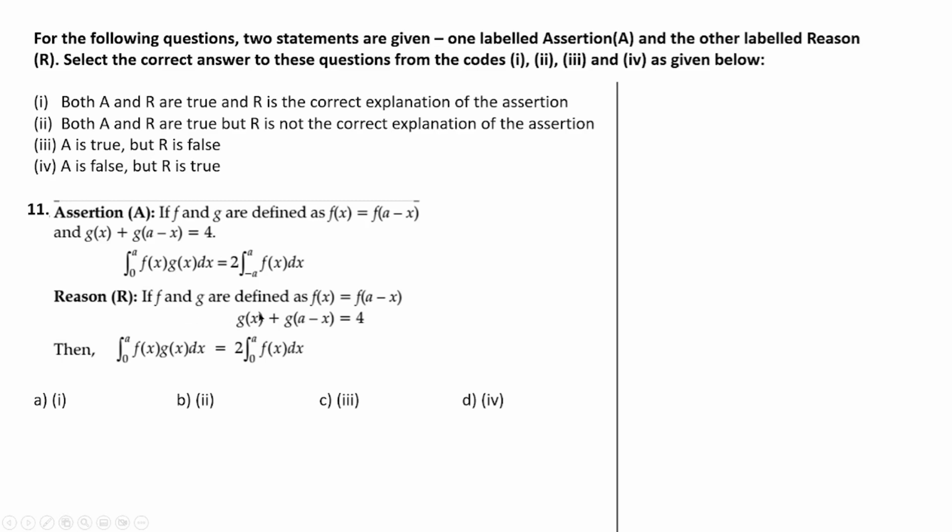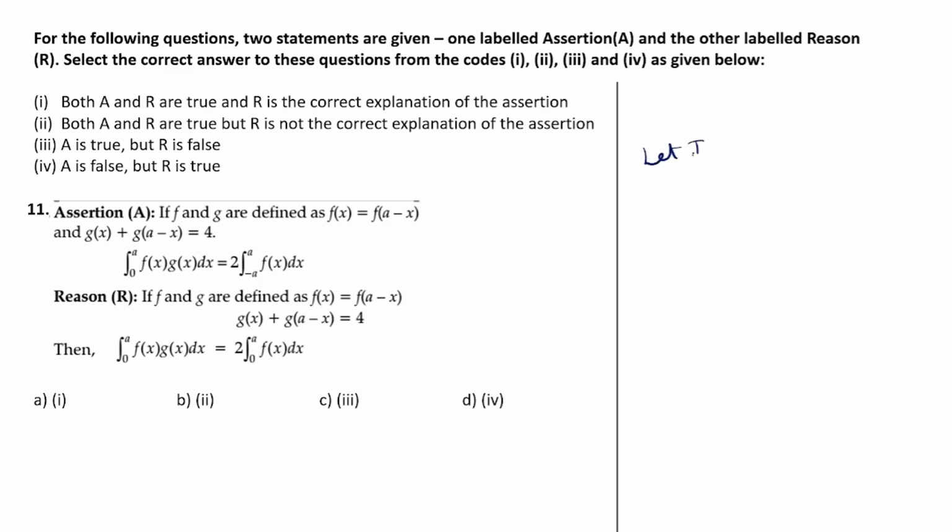Reason is if f and g are defined as f of x is equal to f of a minus x, g of x plus g of a minus x equal to 4, then integral 0 to a f of x g of x dx equal to 2 times integral 0 to a f of x dx. So here we have a different assertion and reason. So the reason is not the correct explanation of the assertion. Let us check which one is true among the assertion and reason.